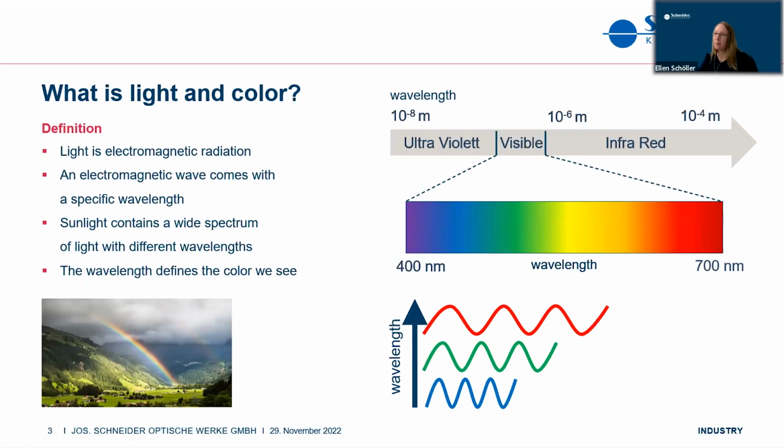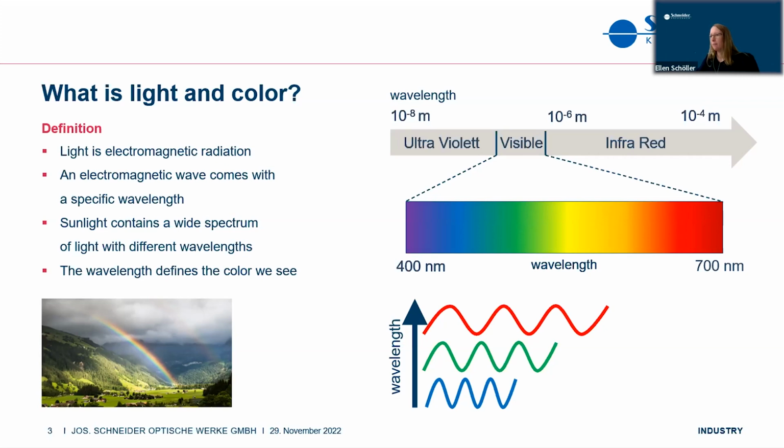What is light? I think most of you know light is electromagnetic radiation, and it can be understood as a wave. And a wave, of course, comes with a certain wavelength. And white light or sunlight, as we know, contains a lot of different wavelengths.